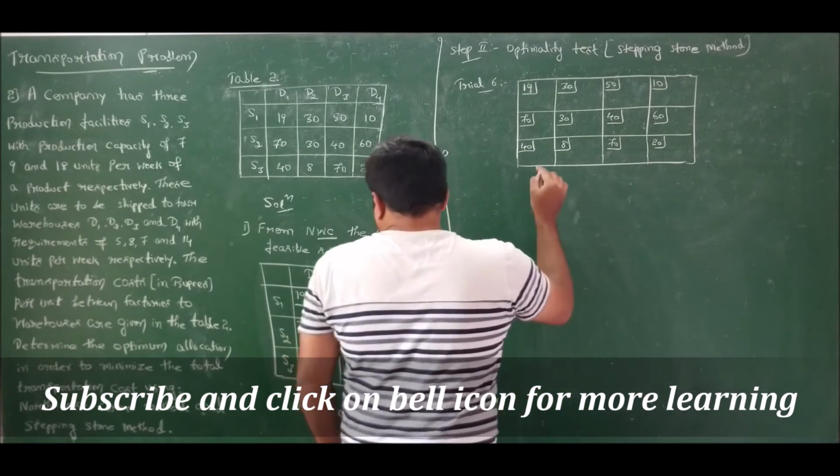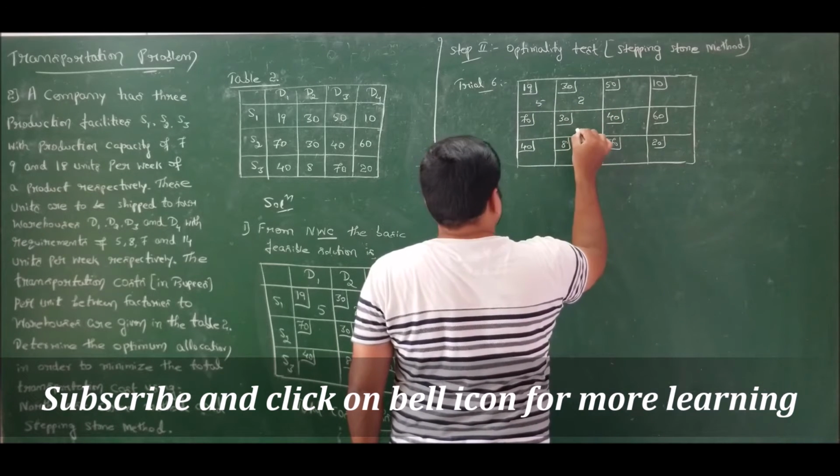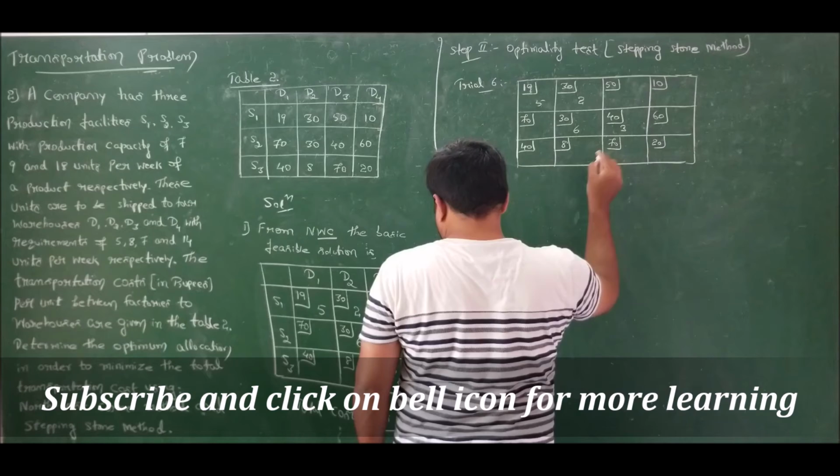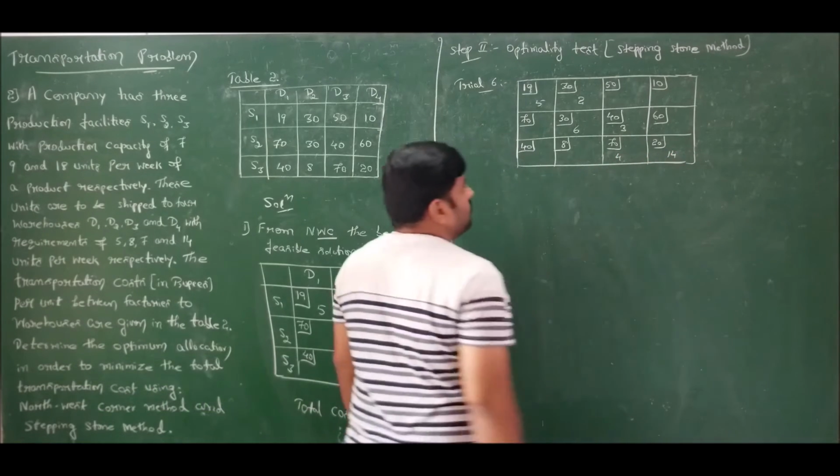Clear? And coming for the allocations, we have 5, 2, 6, 3, 4 and 14 units.